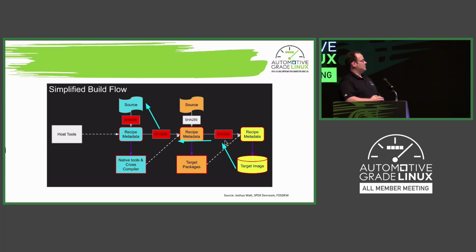So in principle, we can track back through the metadata, right? We have all the pieces, so we can essentially, from the SBOM, track back up to the original sources, for example.